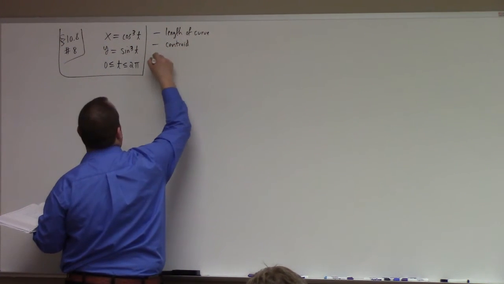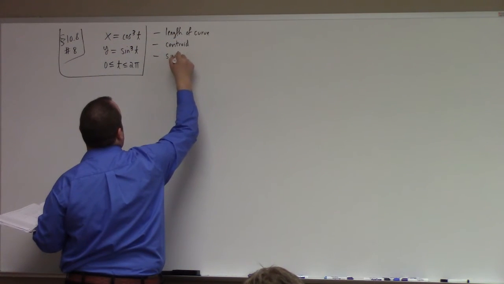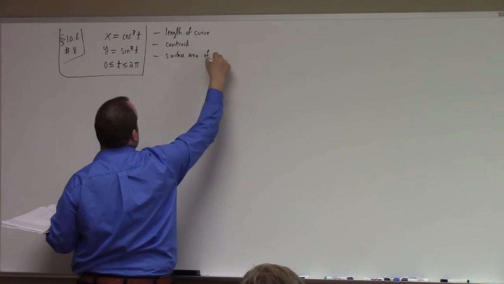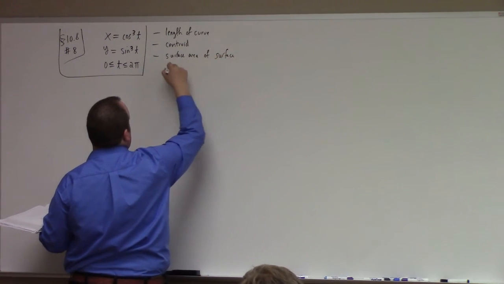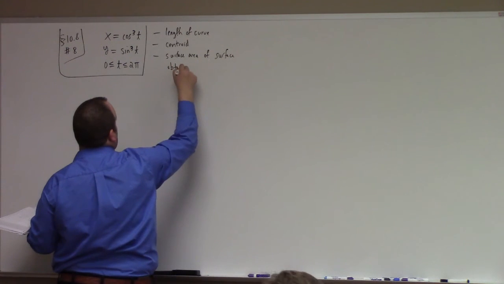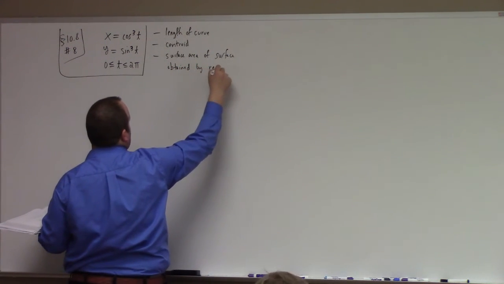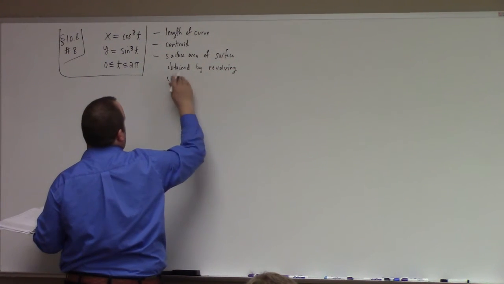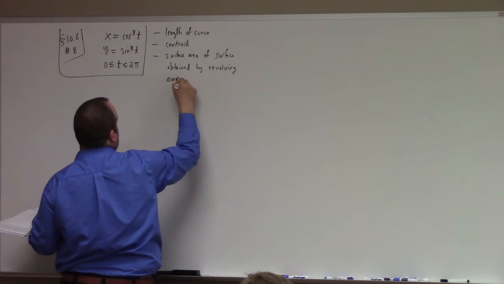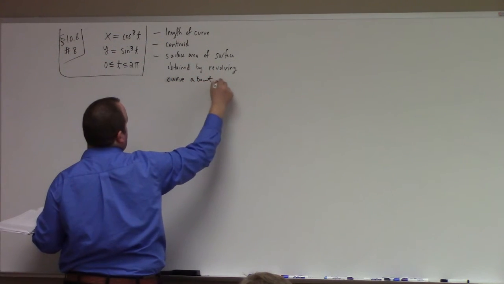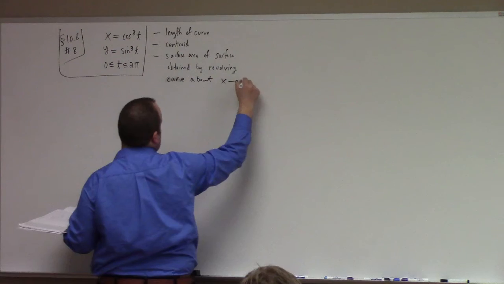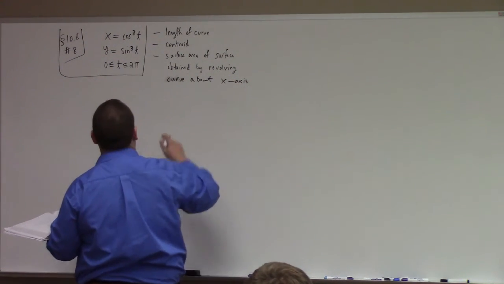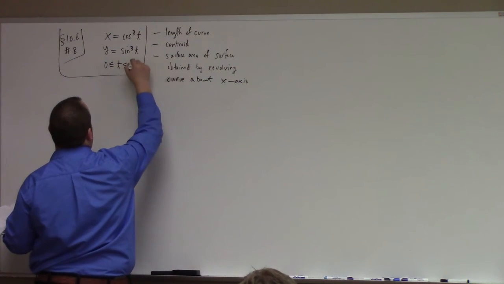And then surface area of the surface obtained by revolving the curve about the x-axis. So much writing. Oh, thank you. Yeah, I said pi over 2, right? But I wrote 2 pi.